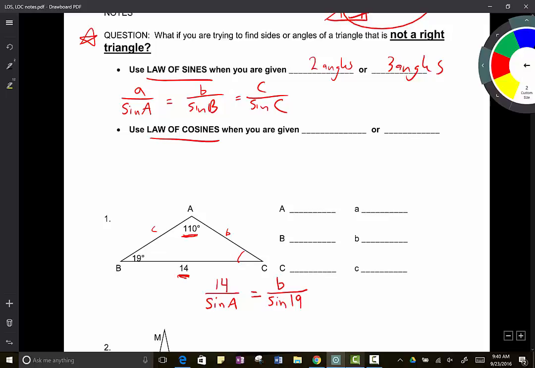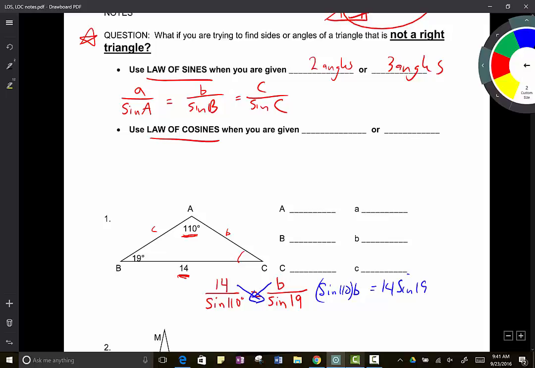Angle A is 110 degrees. So we have a complete proportion on the left, and we're solving for B on the right. Then we will just cross multiply, and we will get sine of 110 times B is equal to 14 times the sine of 19.